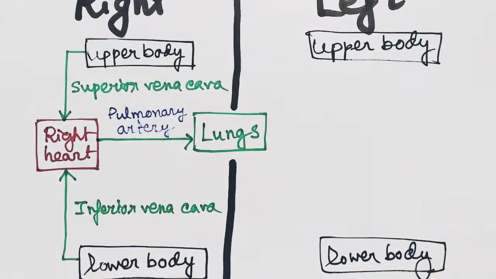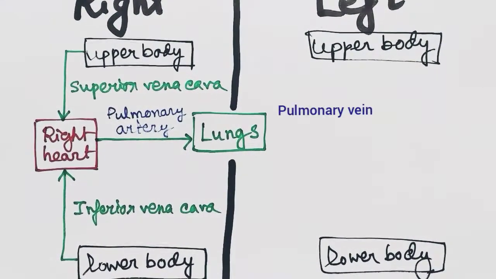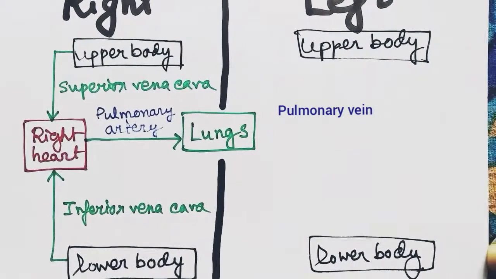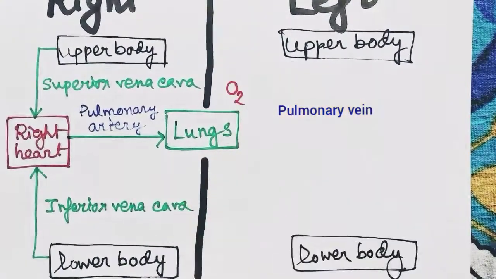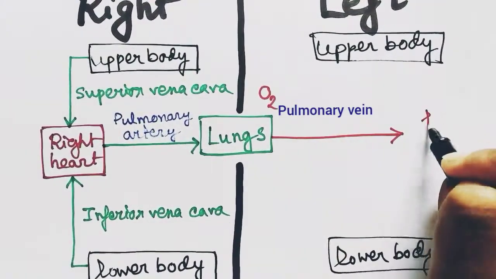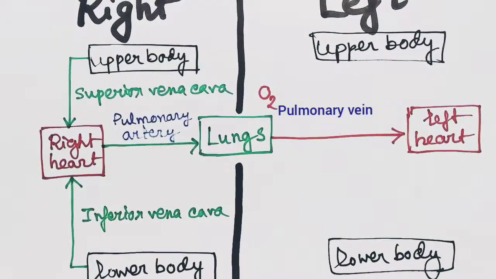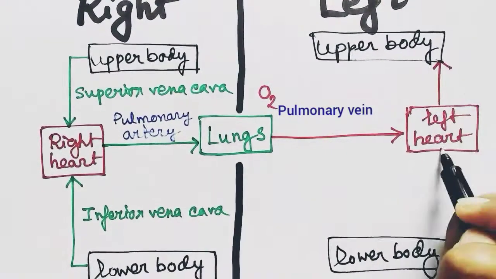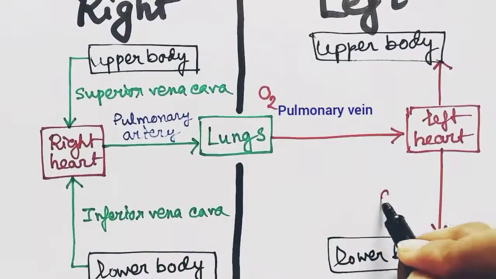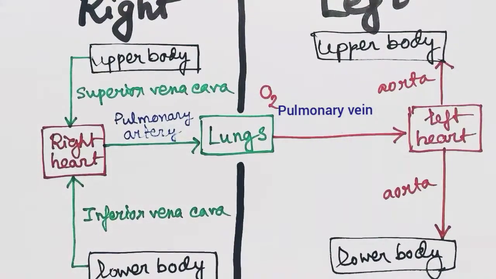Artery because it is carrying blood to the lungs. Now the lungs will give oxygen to the blood and it will reach the left compartment of the heart via the pulmonary vein. Vein because it is leaving the lungs carrying blood. Now from the left compartment it will reach the upper and lower body via the aorta.